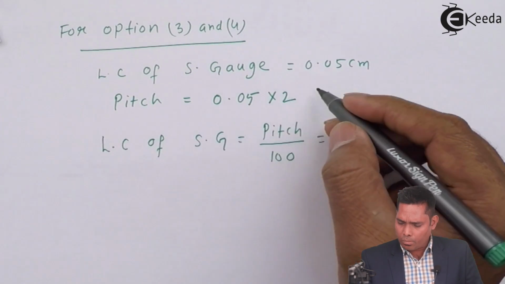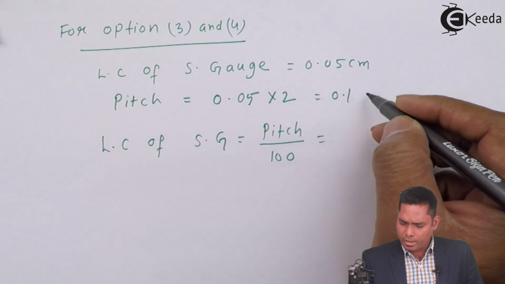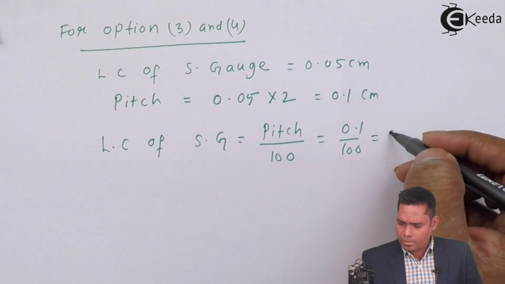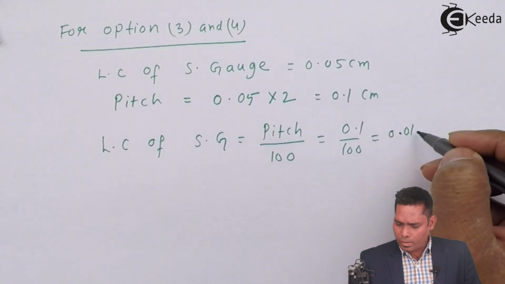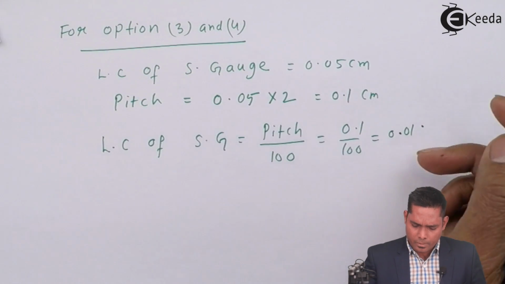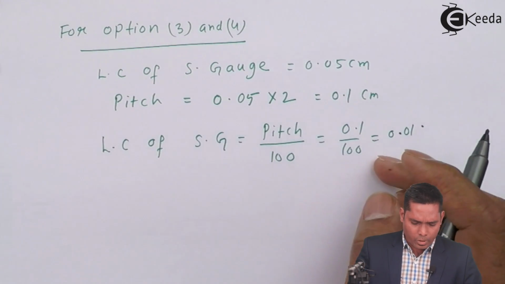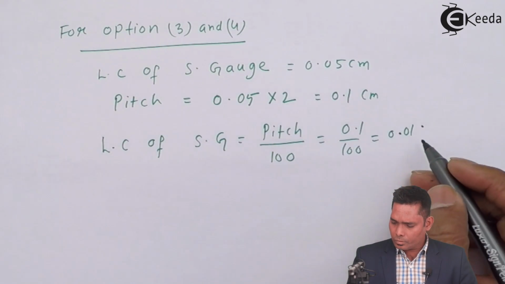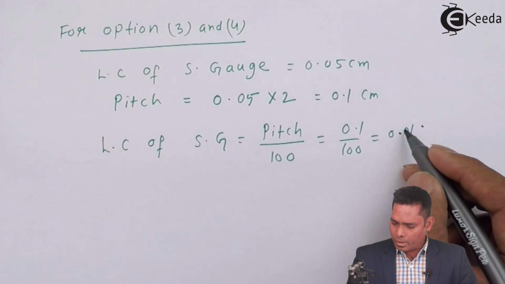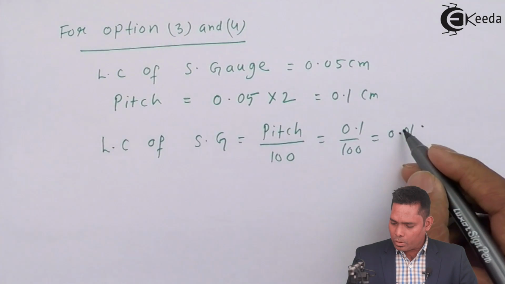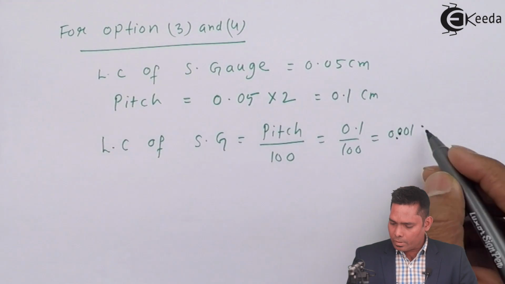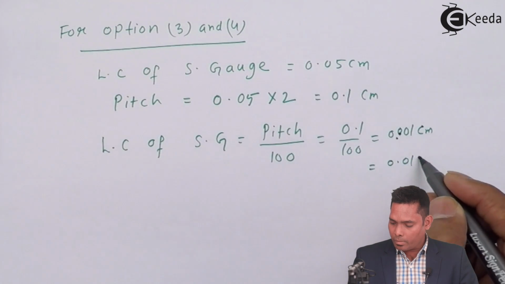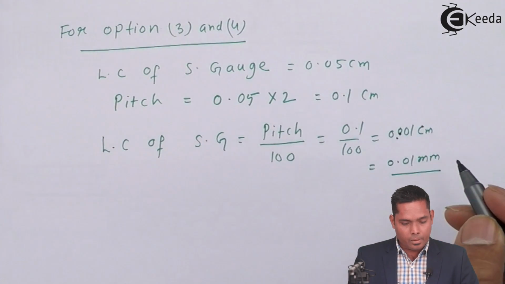The pitch is 0.1 centimeter, so it is 0.1 divided by 100, it is 0.001 centimeter, which is 0.01 millimeter.